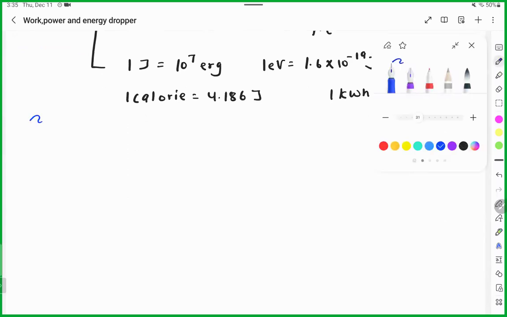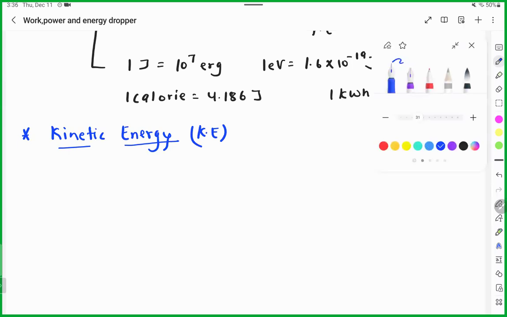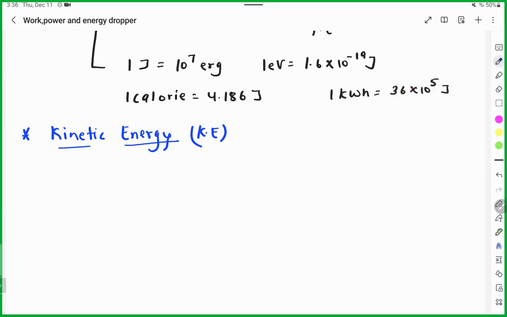Okay. Next is kinetic energy. Kinetic energy is because of the motion. We won't discuss the exact definition here, but it is the energy because of the motion. When a body is moving, there will be kinetic energy. If there is no motion, no kinetic energy.